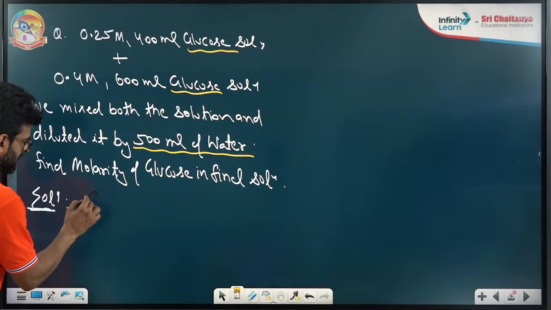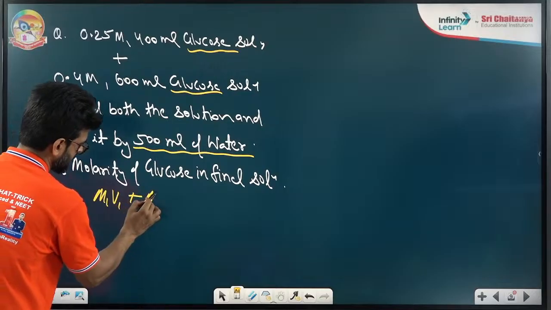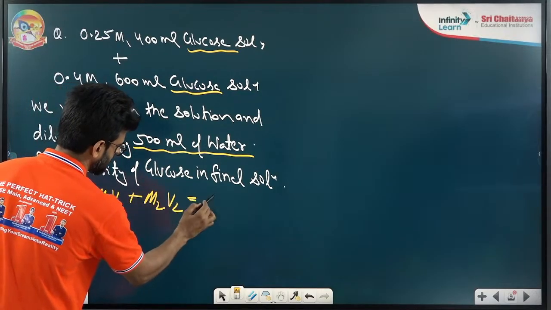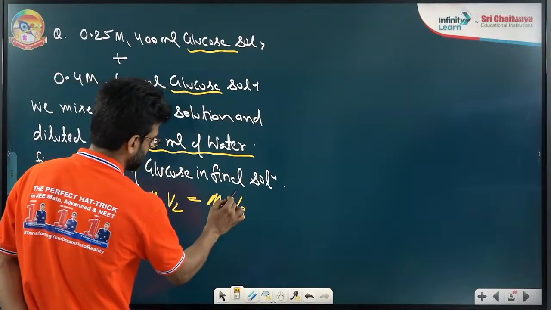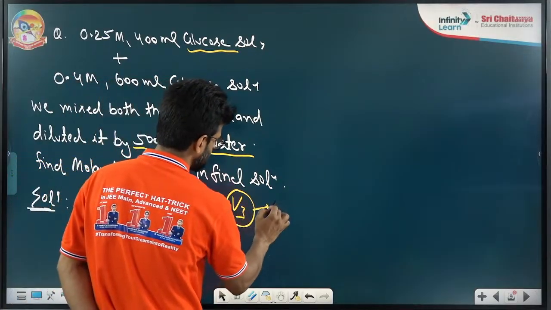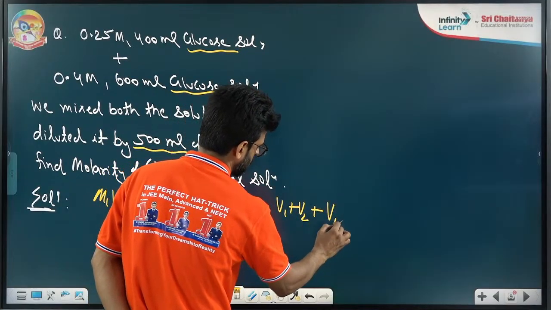I can apply M1V1 plus M2V2, and here we have M3V3. But clearly V3 is something else this time. V3 is V1 plus V2 plus the volume of extra water added.